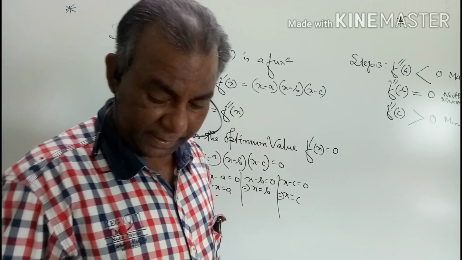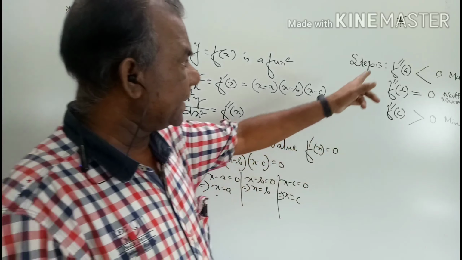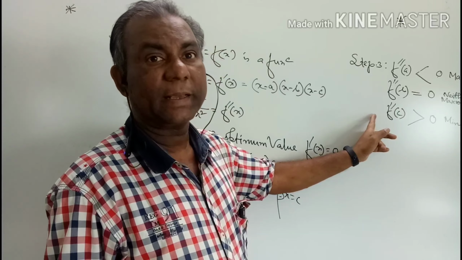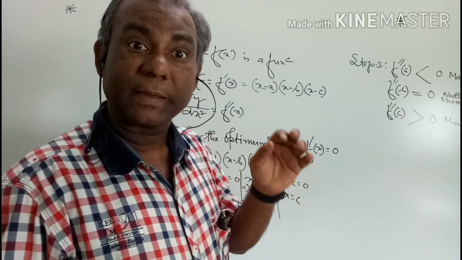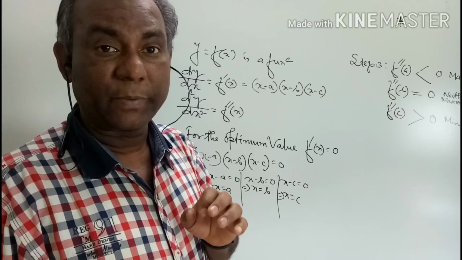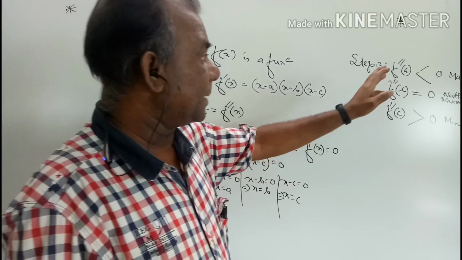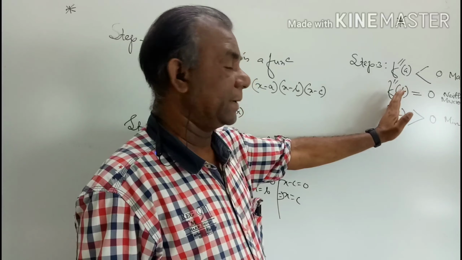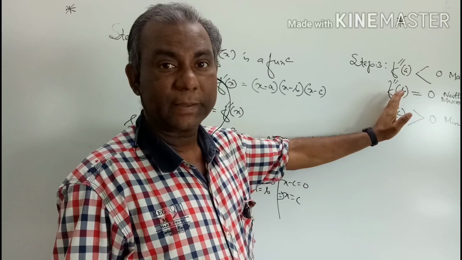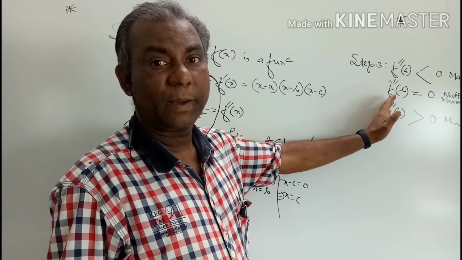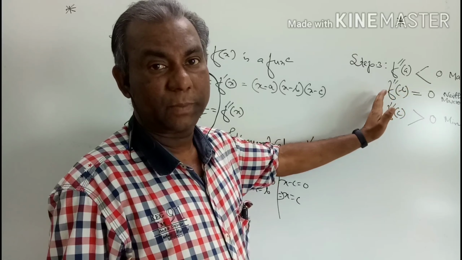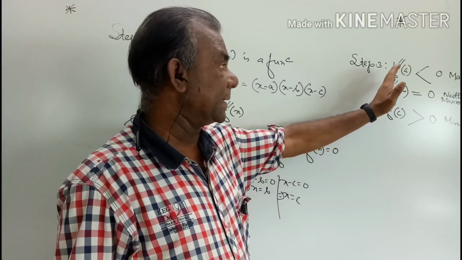So this is the test. This is not your exact value. We are going to find the maximum value and minimum value. After putting the values of x in the second order derivative, you will get where it is maxima, where it is minima, whether it is neither maxima nor minima. So this is the testing.